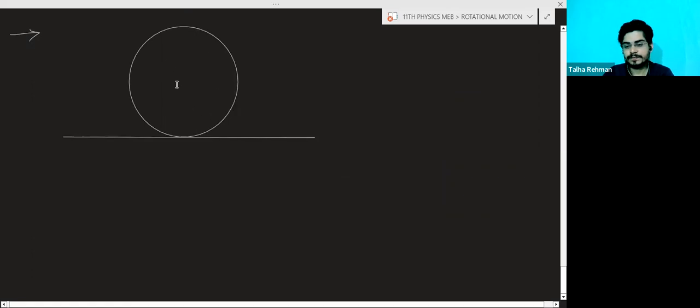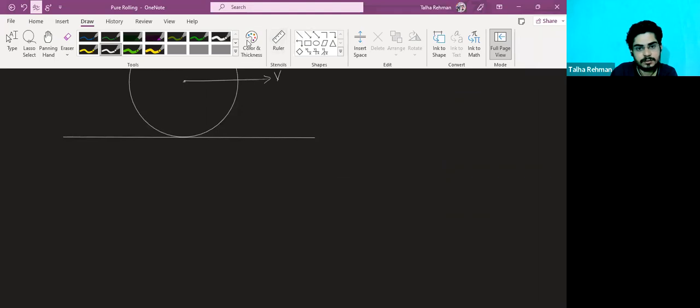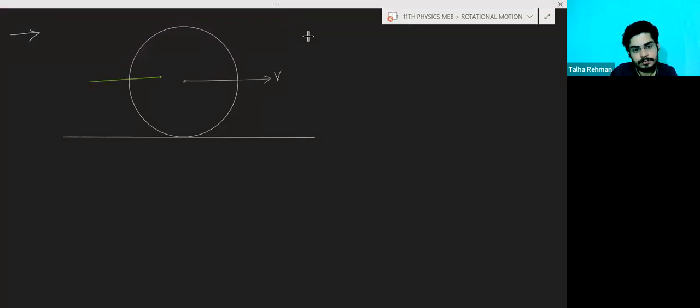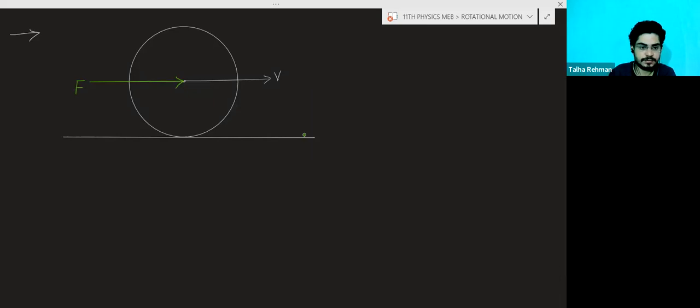This is some body, and this body has the velocity v, and a force is applied on this body on the center of mass. F force we are applying on the center of mass, and this surface is a smooth, frictionless surface.